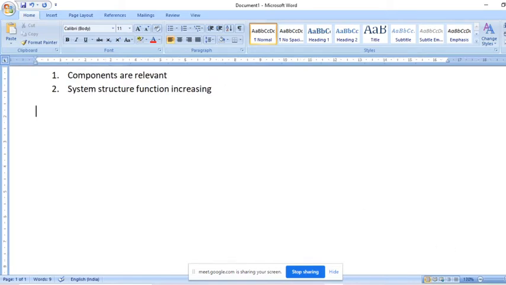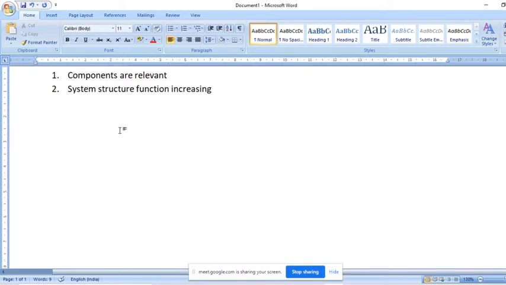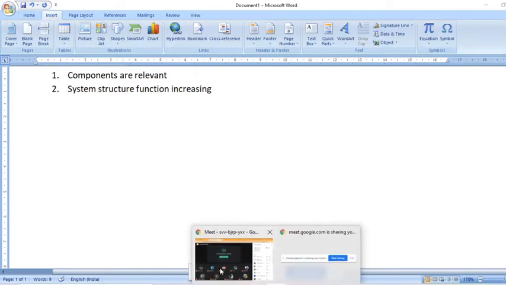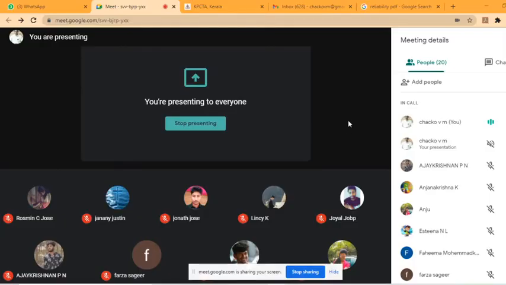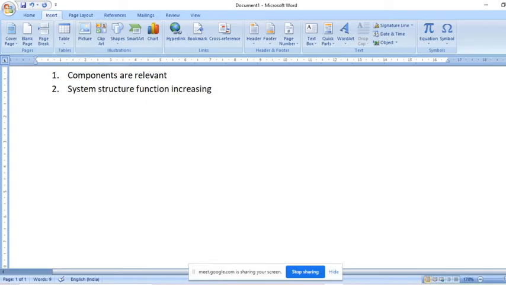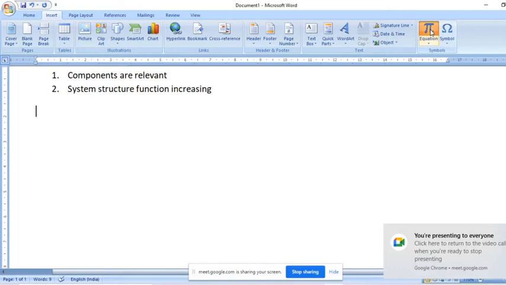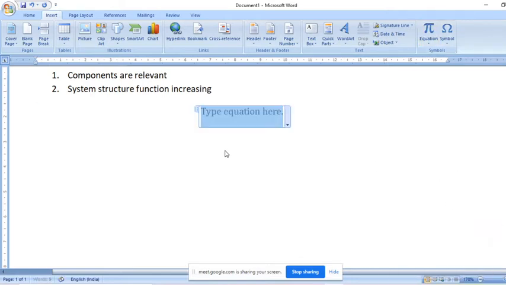Now, in the first chapter we have considered that there are two possible values for a system and for a component. The state of the component and the state of the system are dichotomous. That means, what is the meaning of binary system?